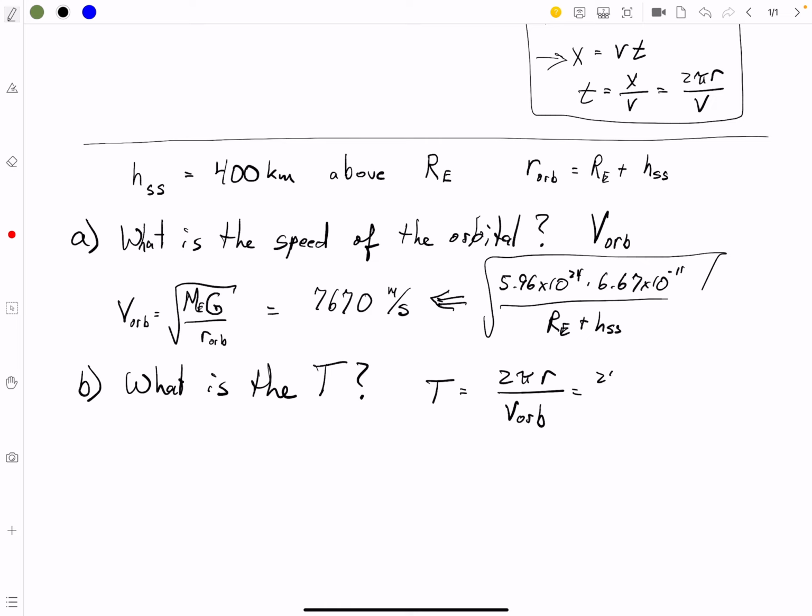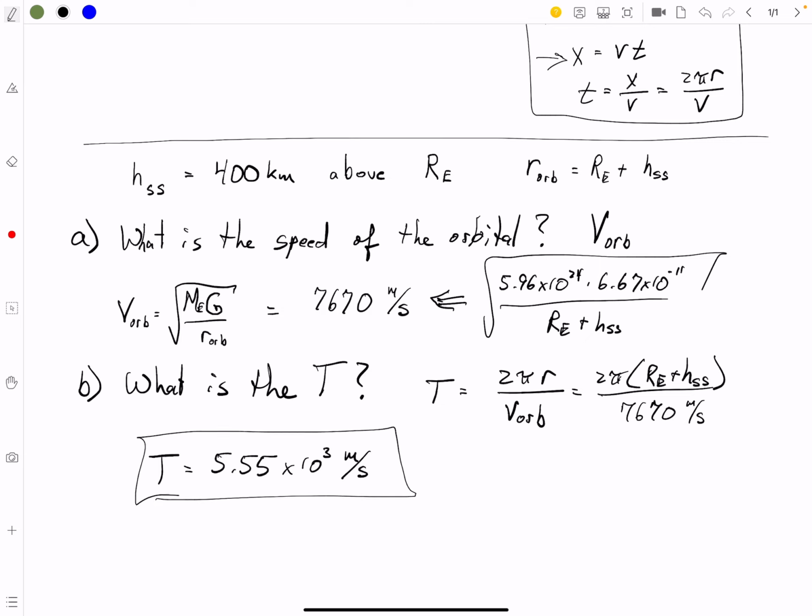Again, we're multiplying 2 pi times the radius of the Earth plus the distance from the surface of the Earth that the orbital is, and we're going to divide by our 7670 meters per second. And so T ends up being 5.55 times 10 to the third seconds. So that's our period. Okay.